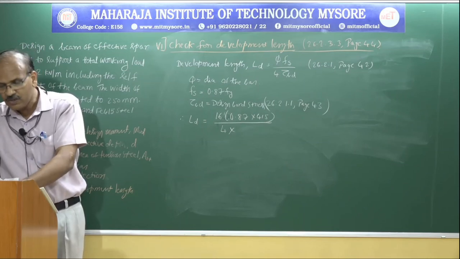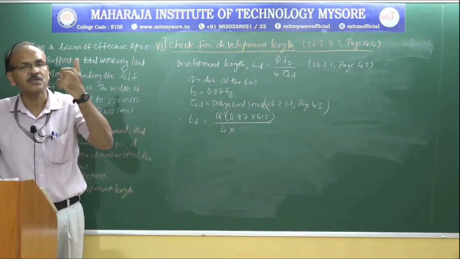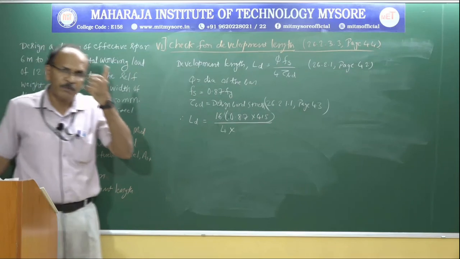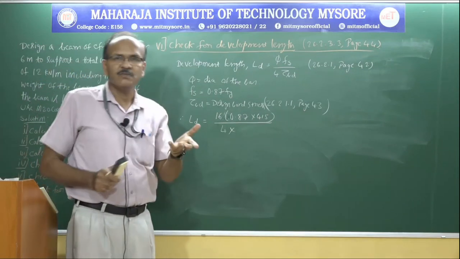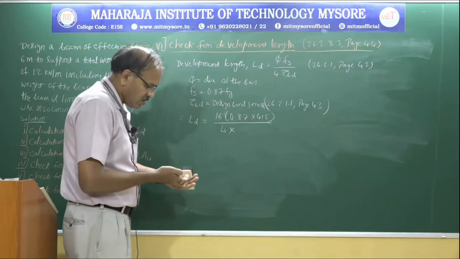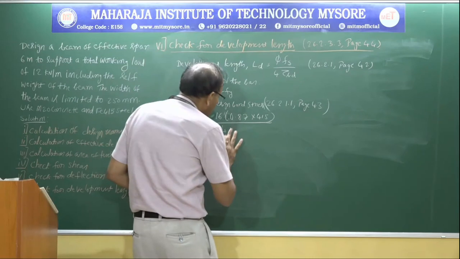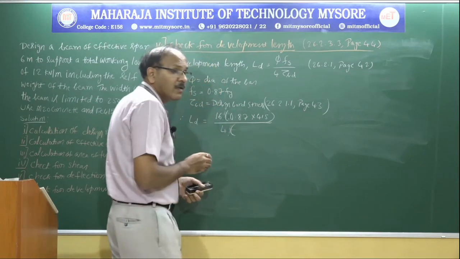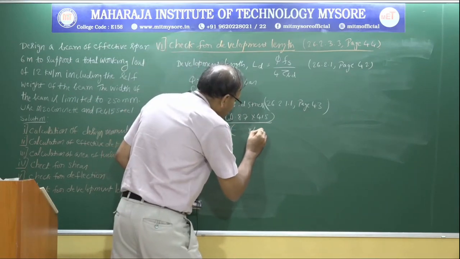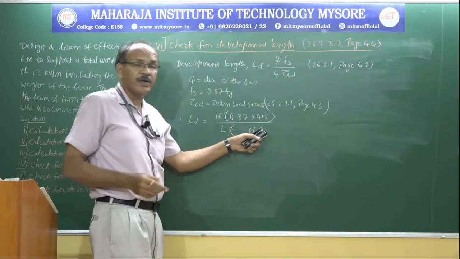Because we are using deformed bars, that value should be increased by 60%, that is, we multiply that 1.2 value by 1.6. So here I write that 1.2 is the value given in the table for plain bars.